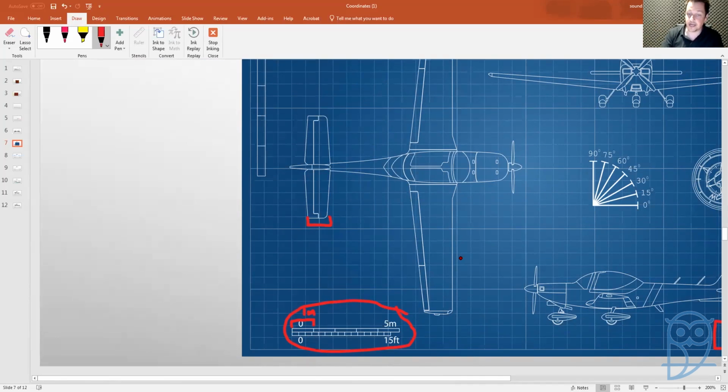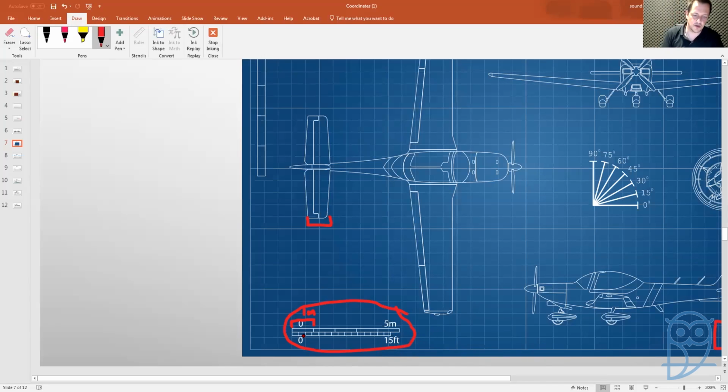Now, this diagram is very nice because it shows you metric units and imperial units. If you haven't got into your metric and imperial units yet in your course, don't worry. Essentially, America is one of the only countries in the world that still uses imperial units, being feet, miles, gallons, inches, stuff like that.